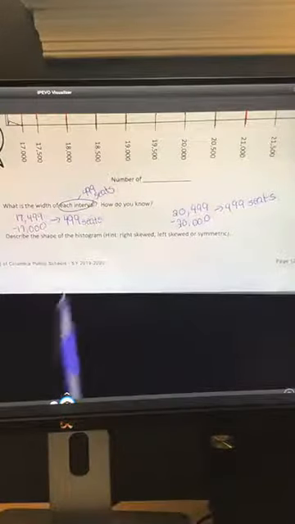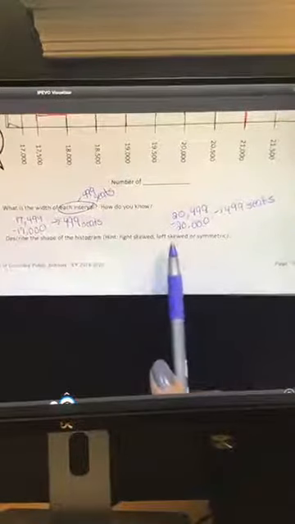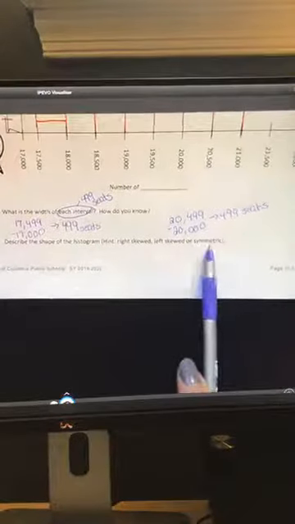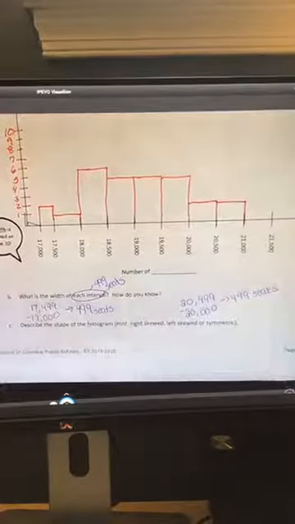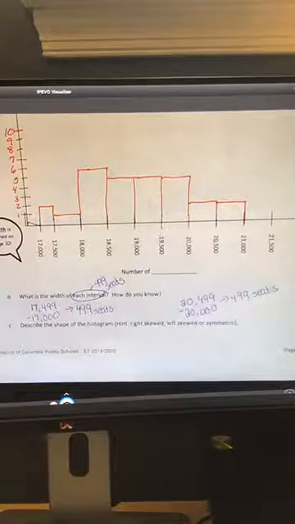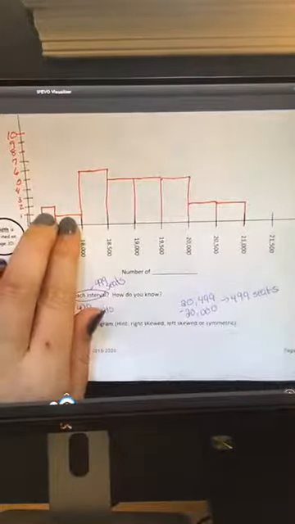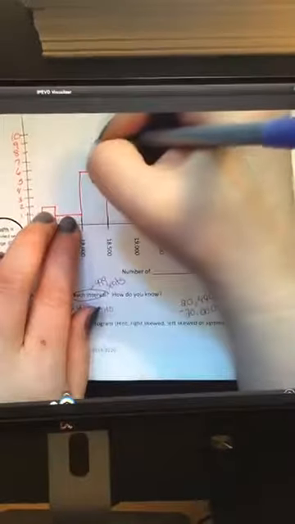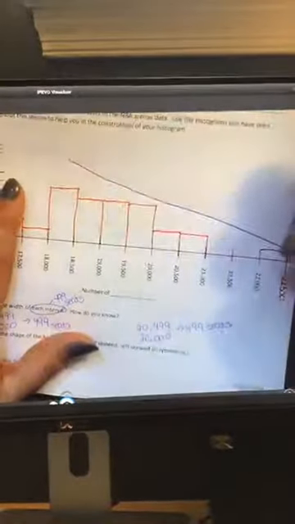All right. The next question says, describe the shape of the histogram. So is it right skewed, left skewed, or symmetric? When I look at my data, this one's kind of a little tricky because I have 2 low data points at the beginning, but then I have a high data point. And then it just begins to go down, down, down.